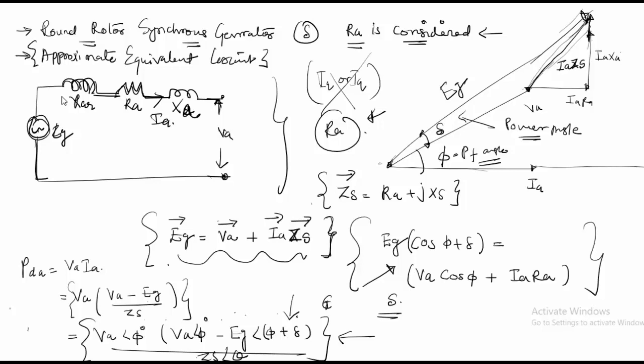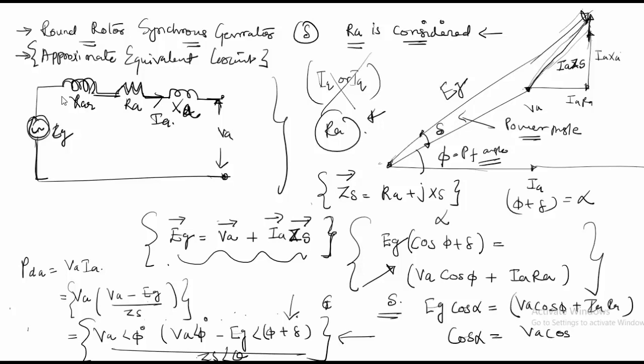The other way to get it is to consider phi plus delta is equal to alpha. So your Eg cos of alpha will be equal to Va cos phi plus Ia Ra, and you can find your cos alpha is equal to Va cos phi plus Ia of Ra divided by Eg.